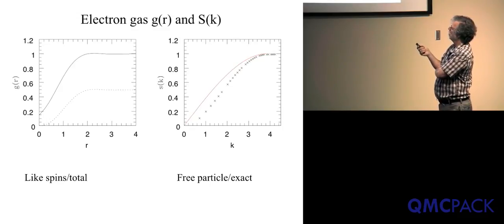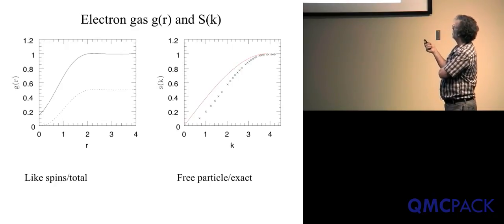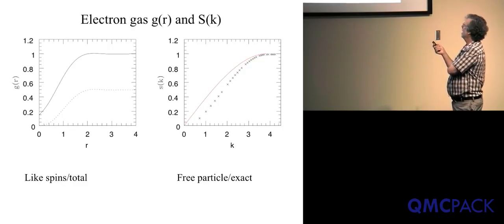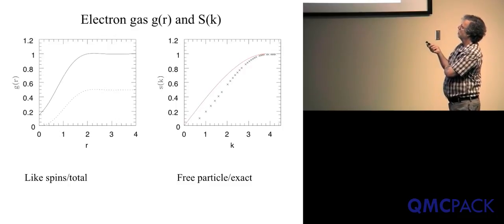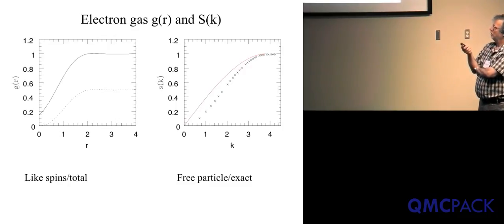The other electrons avoid being around there, and this is a quantitative measure of the electron-electron correlation. And this is its Fourier transform in k-space. This is what you measure in a scattering experiment, the so-called structure factor. And it shows what free particles are like and what interacting electrons are like. Okay, so this is the kind of thing that you want to compute and look at to understand correlation.